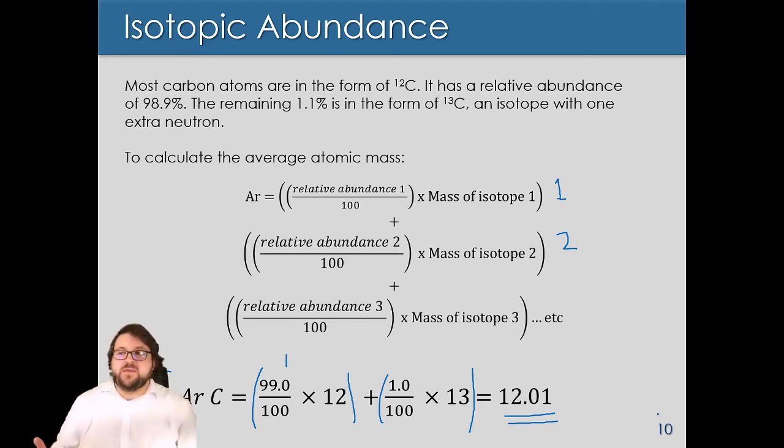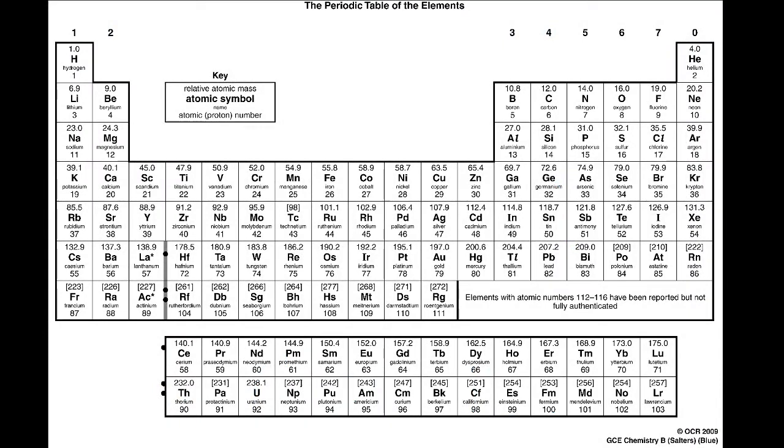So this is how we calculate the relative abundance. In the workshop, you're going to have a look at some examples, especially chlorine. Chlorine's very interesting. So that's in the third period in group 7 there. It's Cl, chlorine, under fluorine. That has the average relative atomic mass of 35.5. Now, in fact, it's made up of 2 different isotopes, chlorine-35 and chlorine-37.